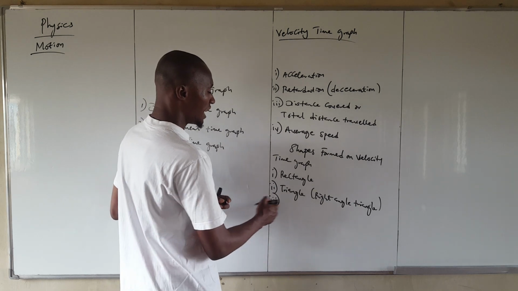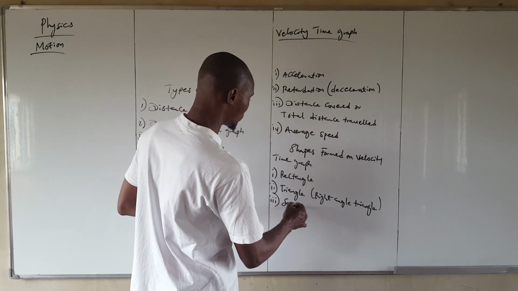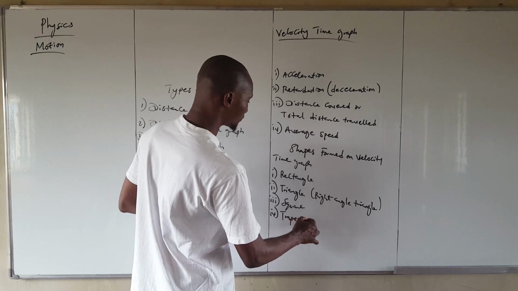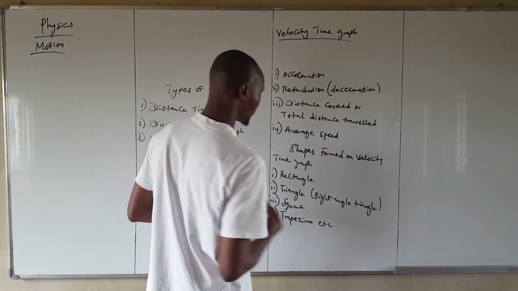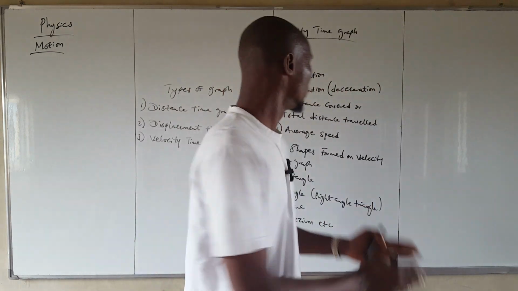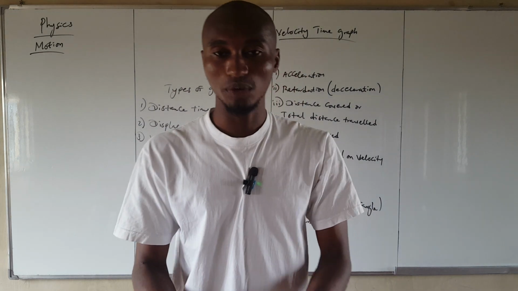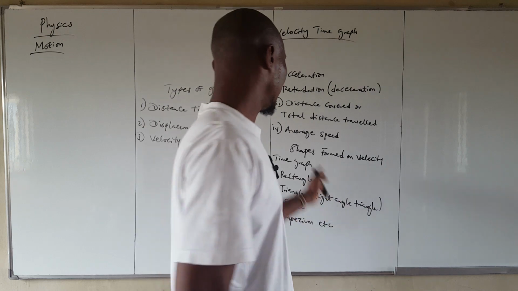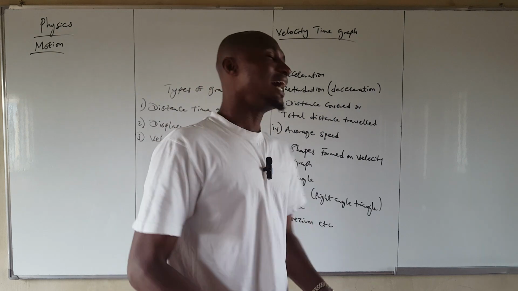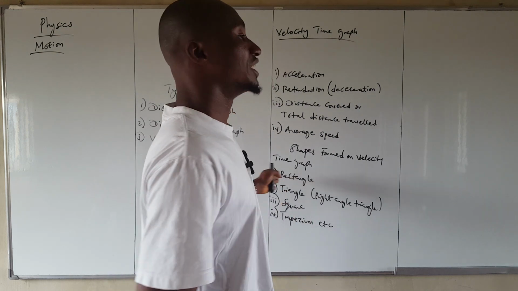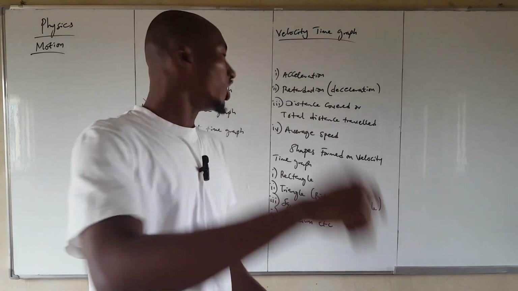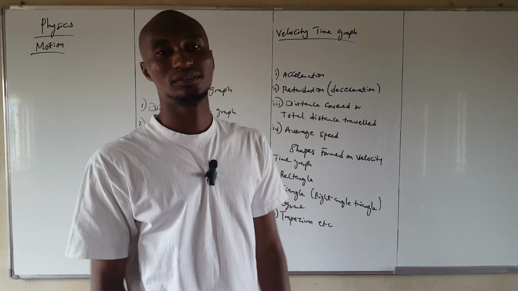Then we have sphere, and four, we have trapezium, etc. There are many shapes formed on the velocity time graph, and the shapes formed are rectangle, triangle, sphere, trapezium, etc. And the corresponding shapes give information on the total distance traveled or covered.